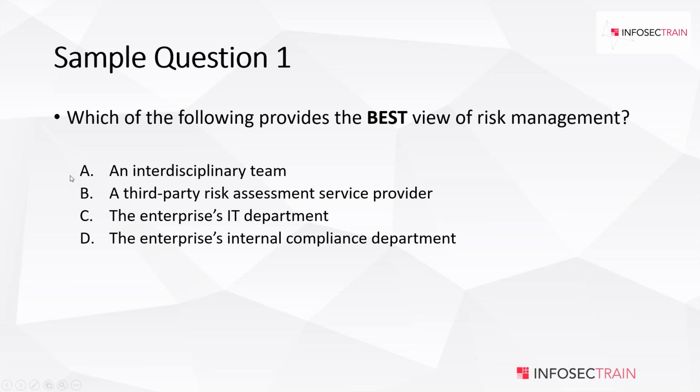And then there would be 4 answers, right? An interdisciplinary team, a third party risk assessment service provider, C is the enterprise IT department, and D is the enterprise internal compliance department. So this is a typical question.